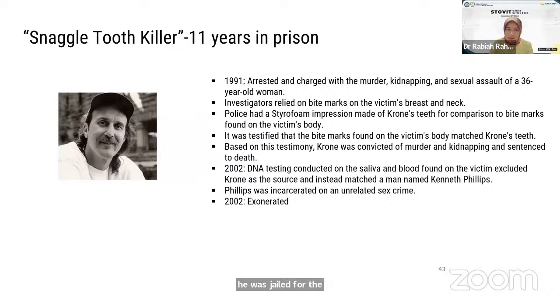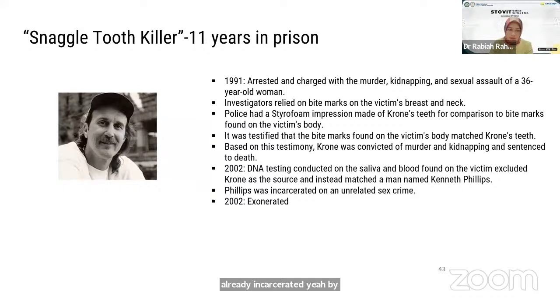So what happened, DNA analysis was performed, and it was shown that the saliva and blood found on the victim were not this person's, whose name is Cron. They belonged to another person who was already incarcerated at that time for another offense.